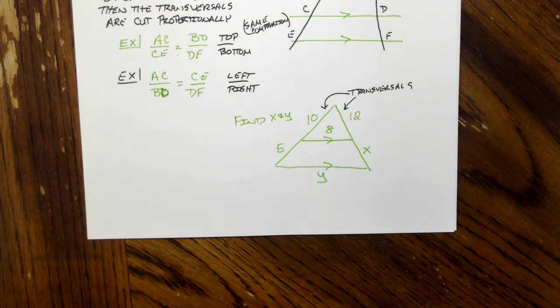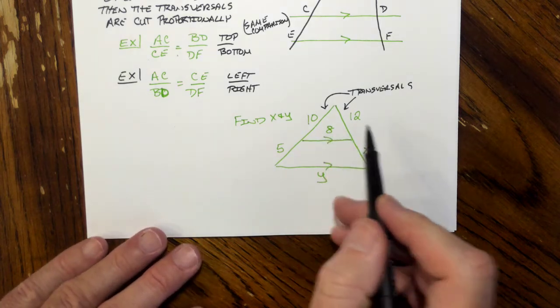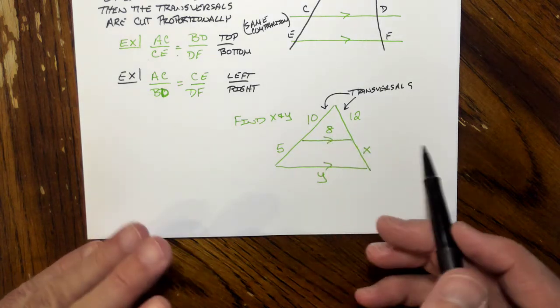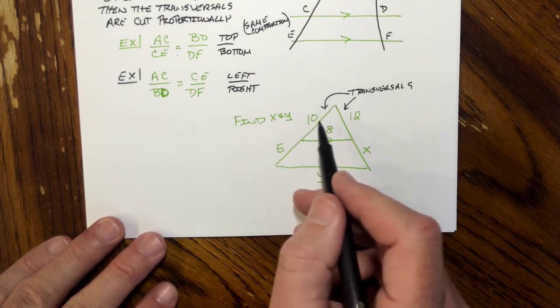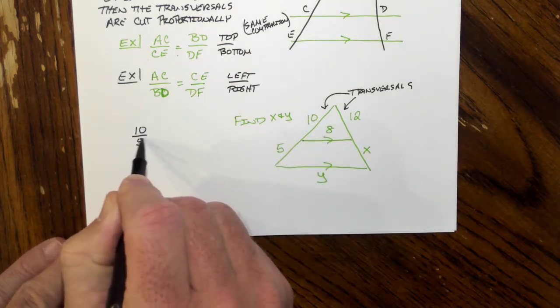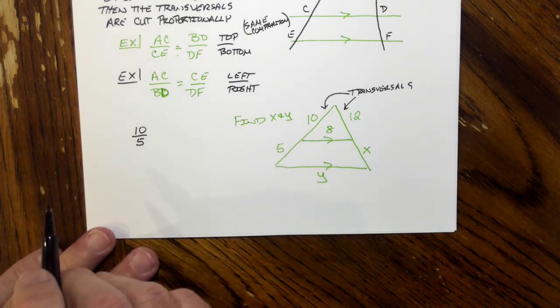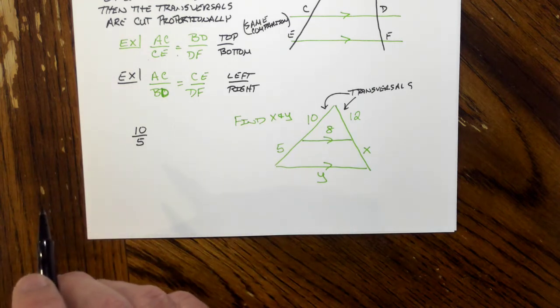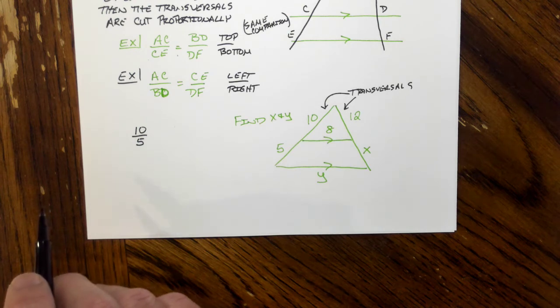So let's use that to figure out what we have going on here. Let's find X first. I'm just going alphabetical, so I'm going to make a comparison. I'm going to go 10 to 5.